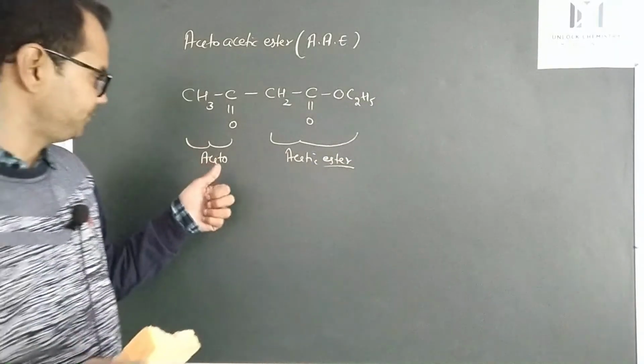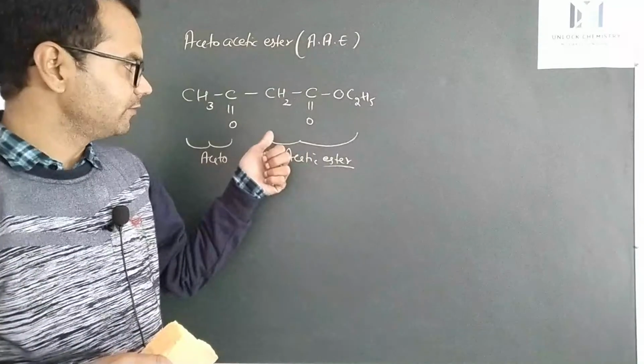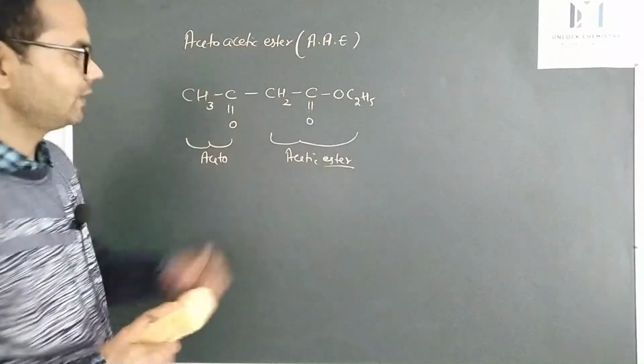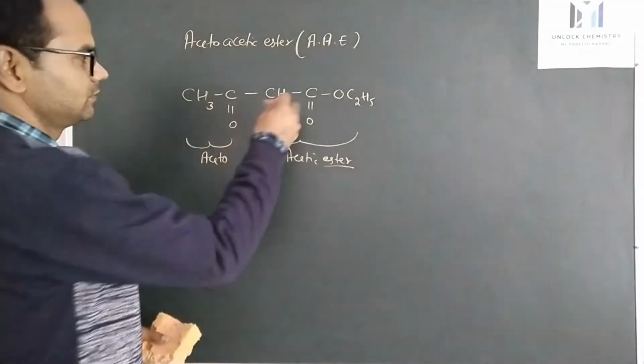So this is our acetoacetic ester. The tautomer of this will be, now we have understood the mechanism, so we can simply shift the alpha hydrogen.